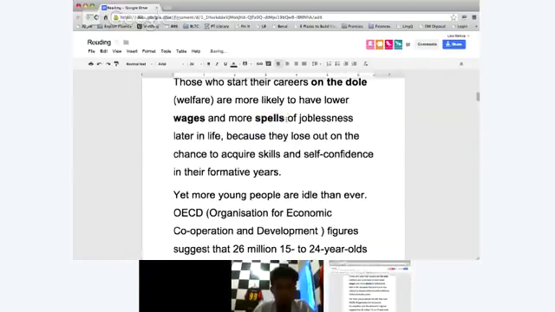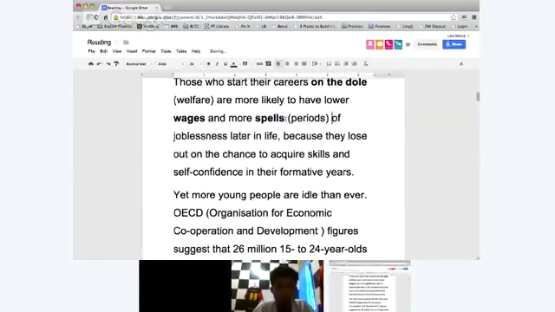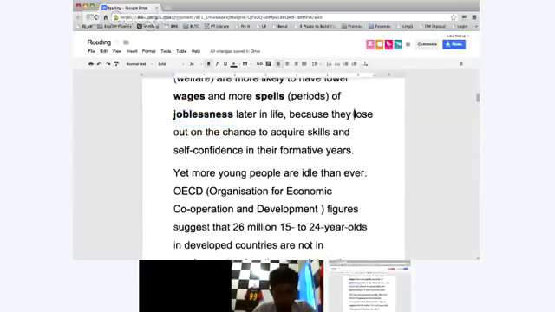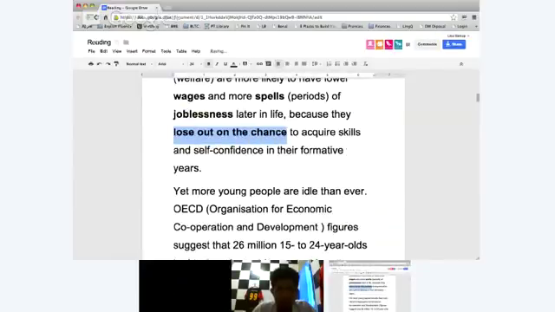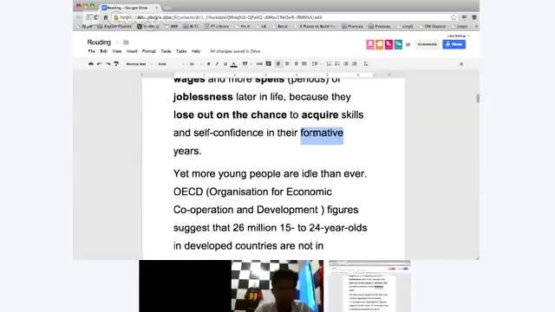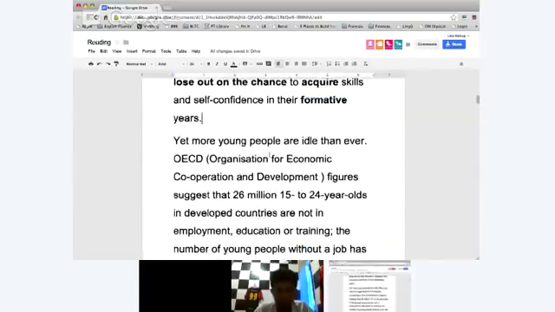Spells is a British word. It means a period of joblessness. So later on in their life, they might not have jobs because they lost out on the chance to acquire skills and build their self-confidence, so believe in themselves that they can do things in their, what we call, formative years, the years that they were growing up and learning how to do stuff.